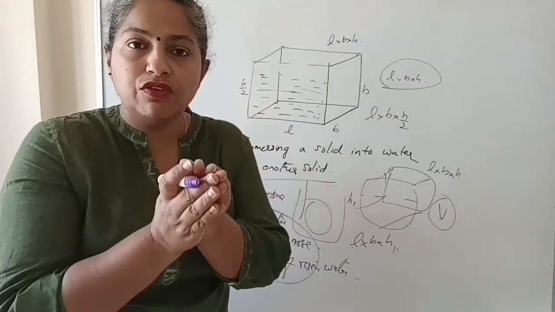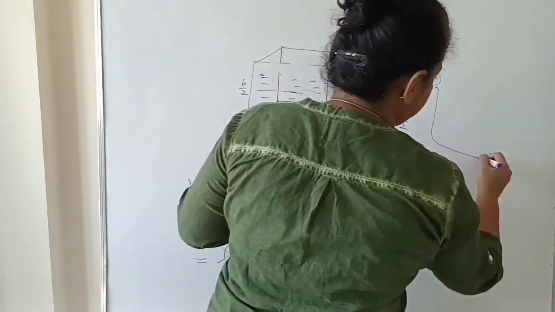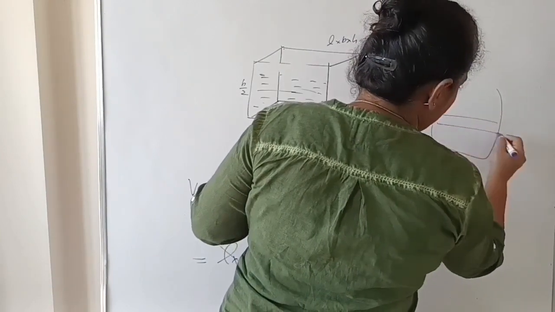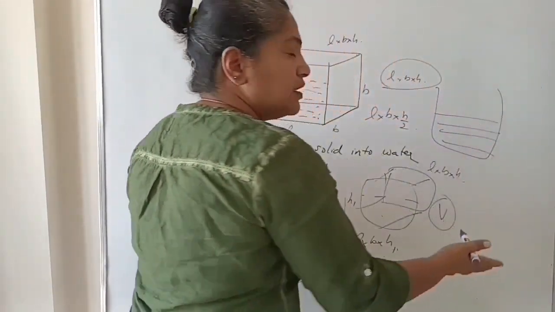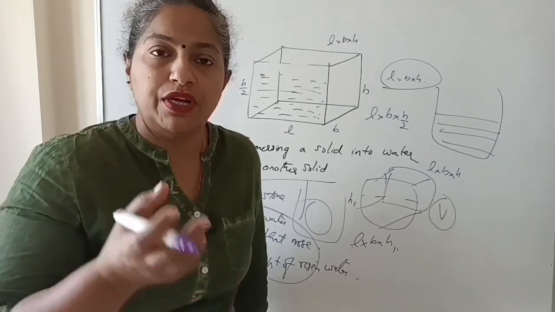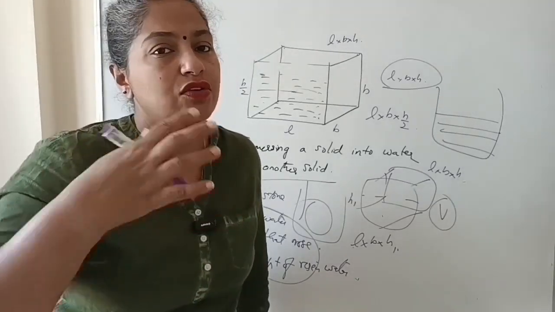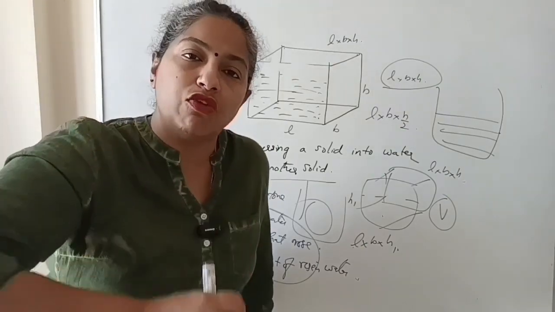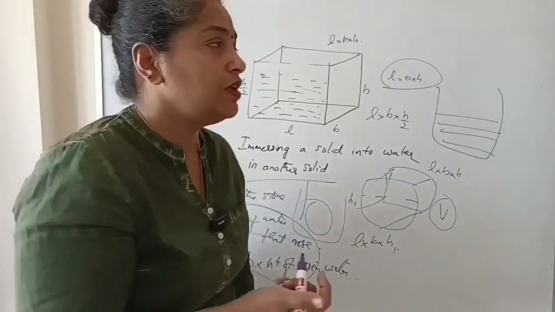Whenever you have a vessel which has got water, they will be giving you the shape of the vessel. It could be a cylinder, it could be a cuboid. You need to understand that water has got a volume. When you are dropping a solid into it, the solid has got a volume.